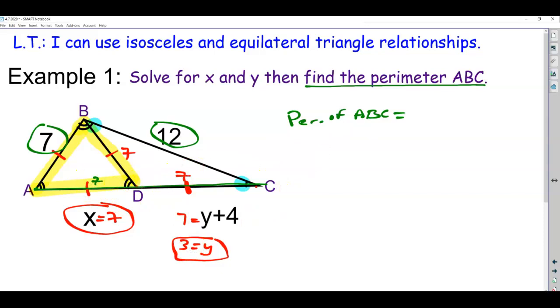So I have to add those together. And remember, AC is equal to 7 plus 7, which is 14. And then we can add those. That's 26. 26 plus 7 tells me the perimeter of ABC is 33.